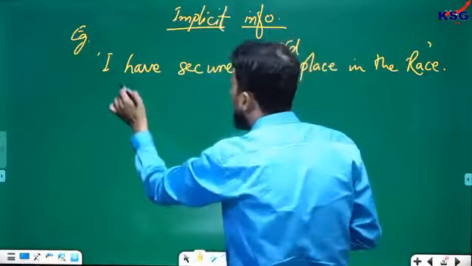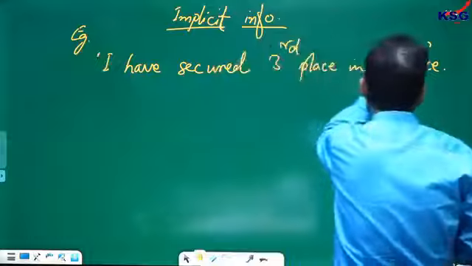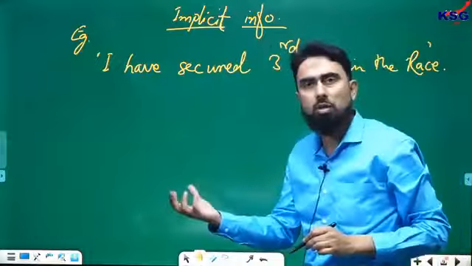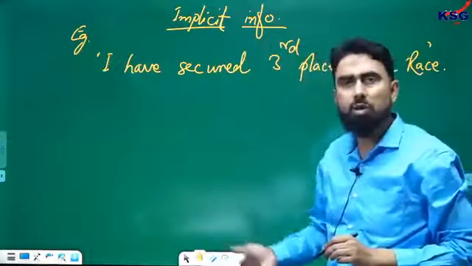Now the implicit information means any logical deductions, any inbuilt sense that you can take out of it.